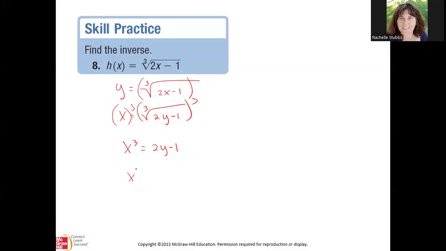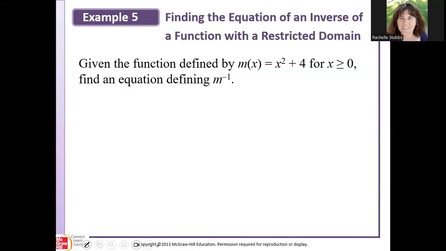And then x to the third, I'm going to add 1, it looks like. And I'll divide by 2. So my h inverse of x is equal to, okay.